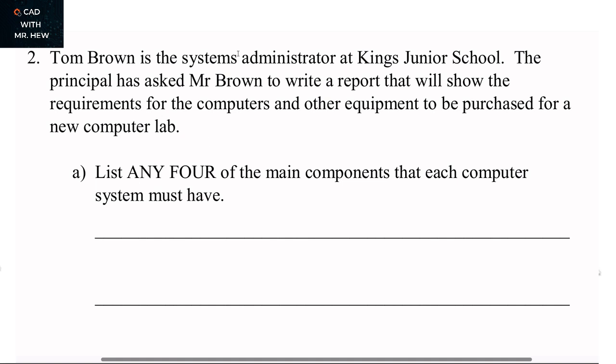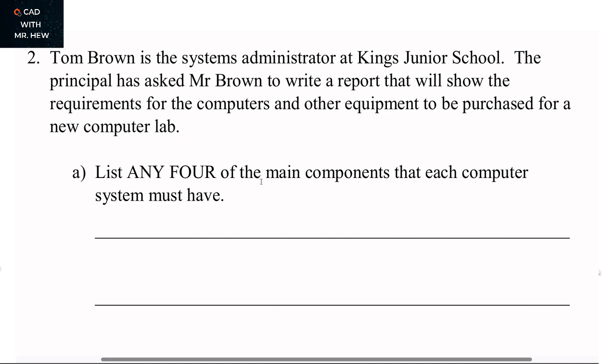Tom Brown is a systems administrator at King's Junior School. The principal has asked Mr. Brown to write a report that will show the requirements for the computers and other equipment to be purchased for a new computer lab. Question 2A.